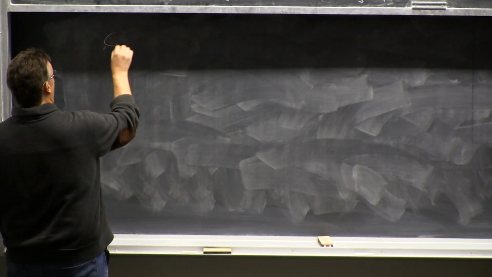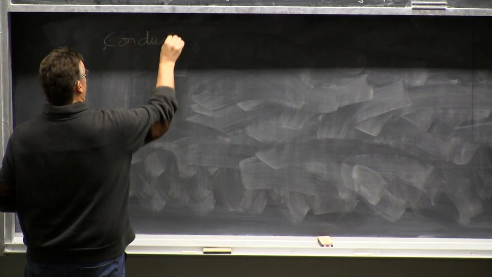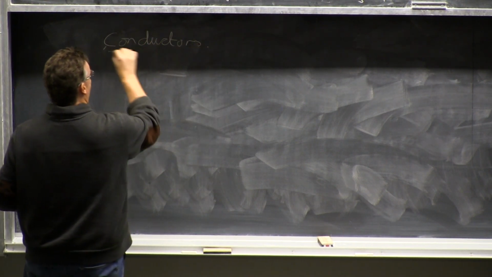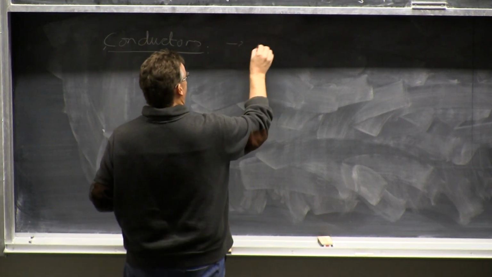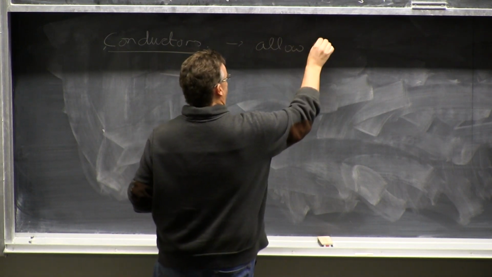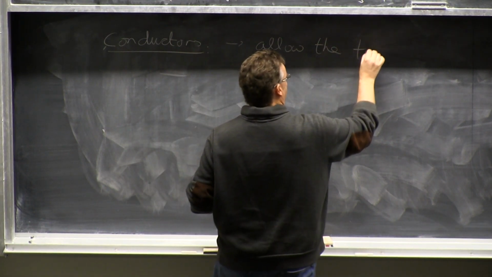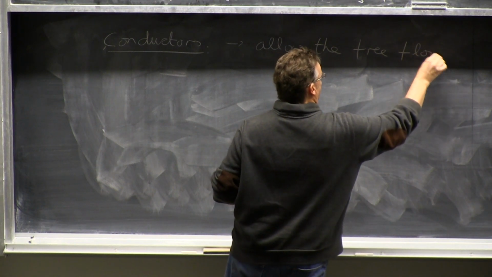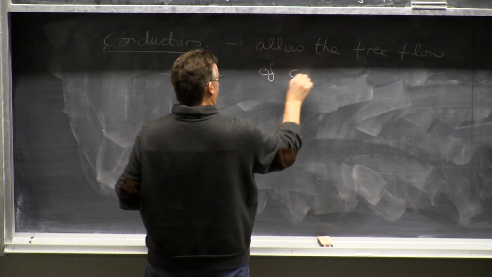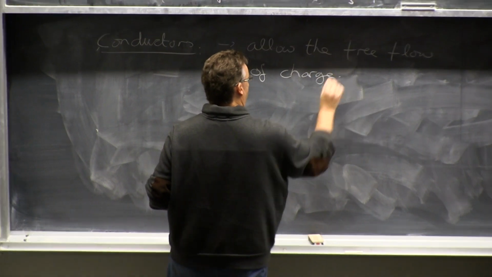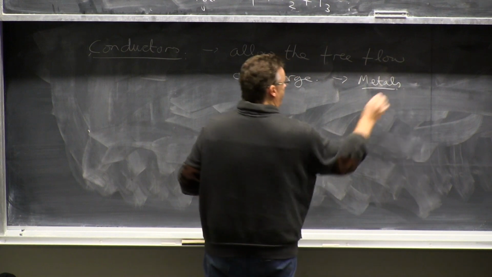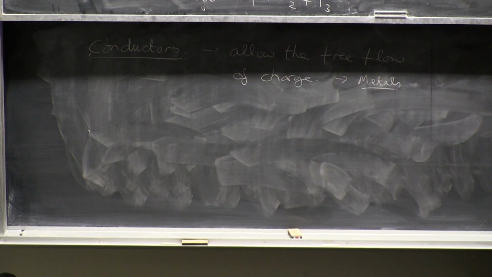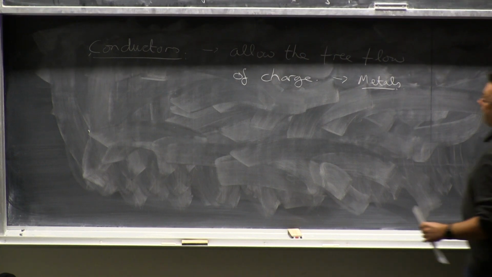So conductors. Basically materials which allow the free flow of charge. Typically metals would be a good class of conductor.